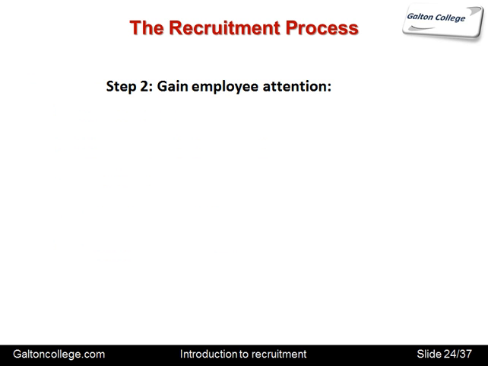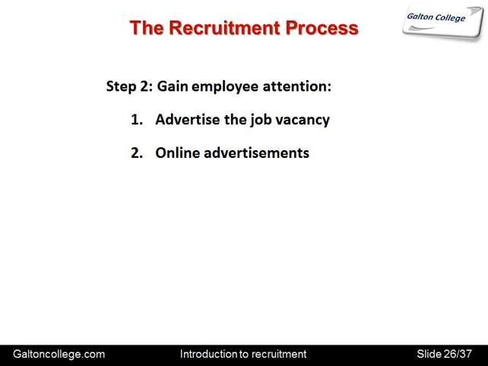Step two is to attract attention from the employee. So advertise the job vacancy. Make the employee aware that there is a vacancy. And it could be that it's online recruitment, or it could be through the more traditional methods.